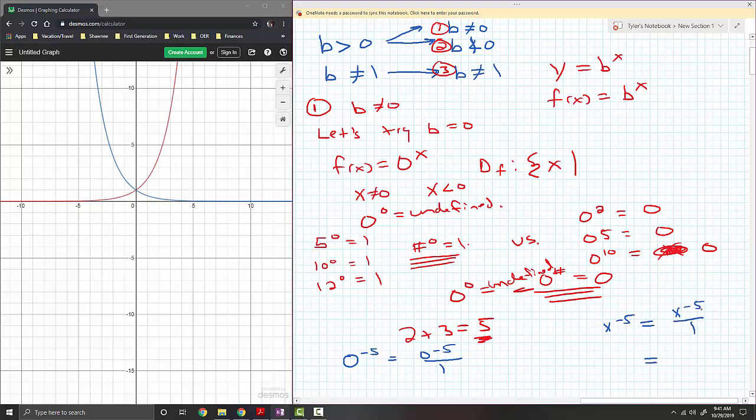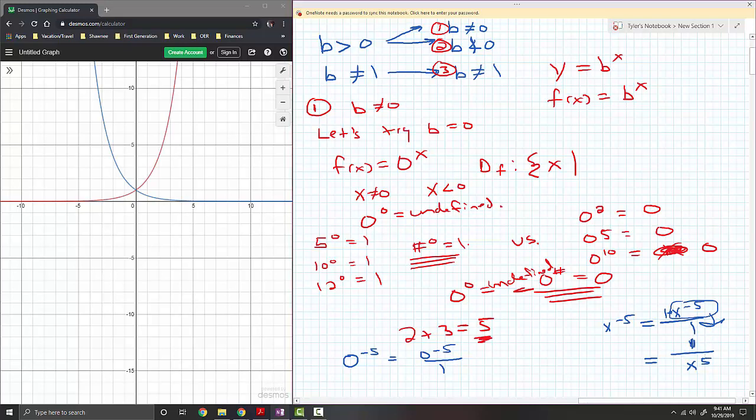But remember, with the negative exponent, that goes down in the bottom, and you make the exponent positive. You're flipping it, moving it to the bottom, and there's a factor of 1 left in the top. You can think of this as 1 times x to the 5th, so this part just moves down here, and of course 1 times x to the 5th is just x to the 5th.